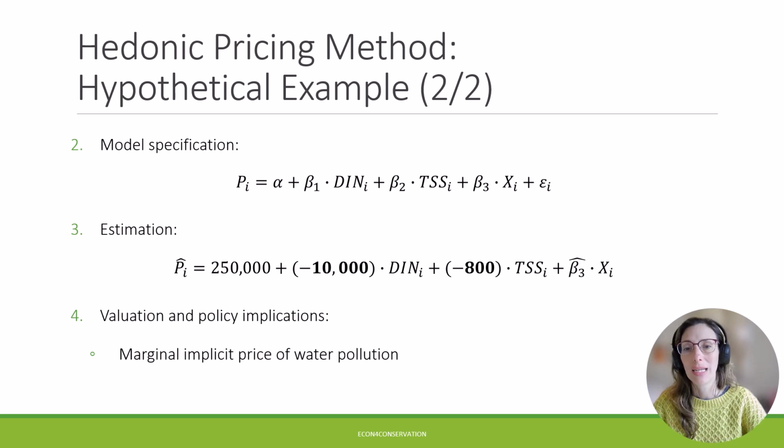It is worth noting that hedonic pricing gives you the property market's revealed value of clean water, that is, how much more homeowners are willing to pay for a home near cleaner water, or how much property values would increase if water quality improved. It does not provide the total value of clean water for all uses or for everyone in society. But despite that, this method is considered very robust and it has been widely used for estimating the value of water quality in housing markets.